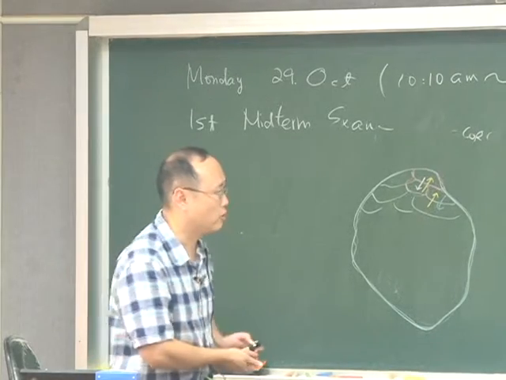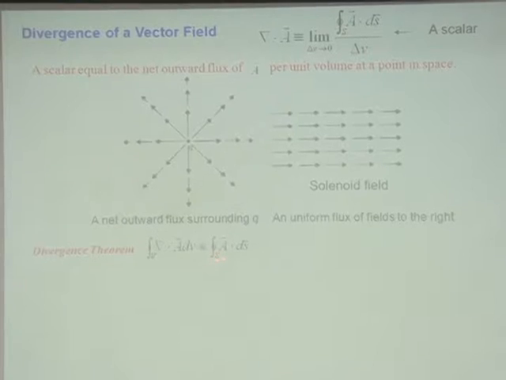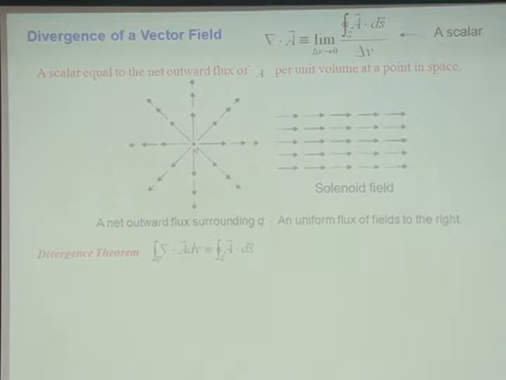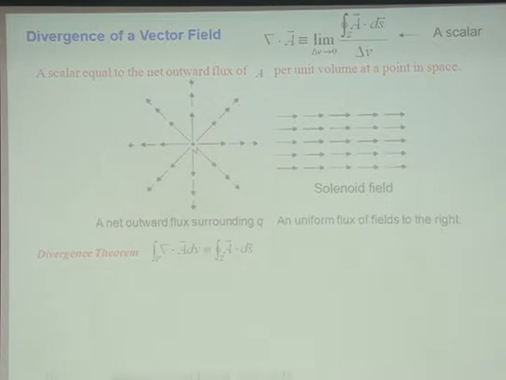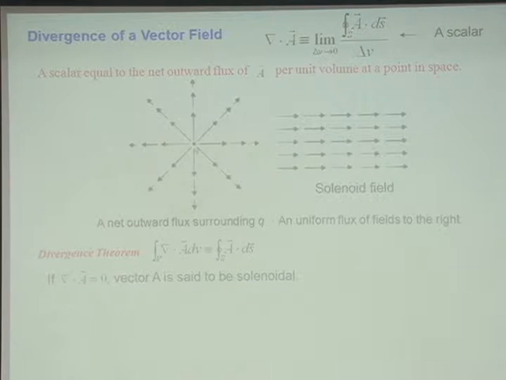Okay, so you have a divergence of a vector and integrate over for the whole volume, then you end up having a calculation of the total flux associated with this volume. 我刚刚特别介绍到 if you have this kind of solenoid field, the divergence of A is equal to 0. So from here on, if you calculate the divergence of a vector that is equal to 0, then we say that this A is solenoidal.